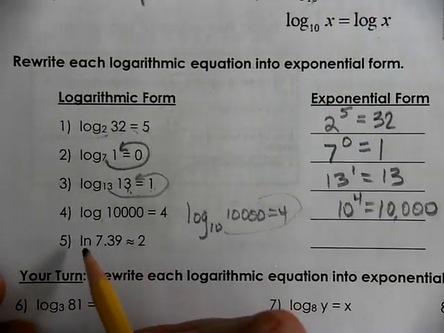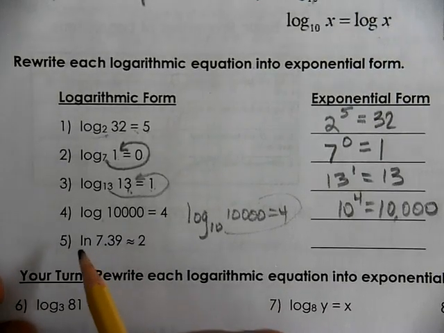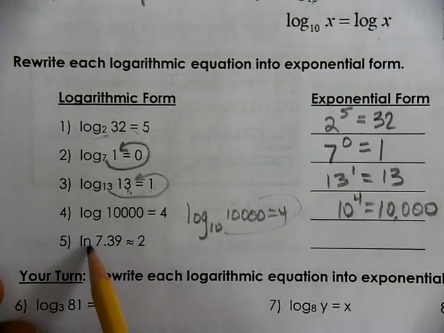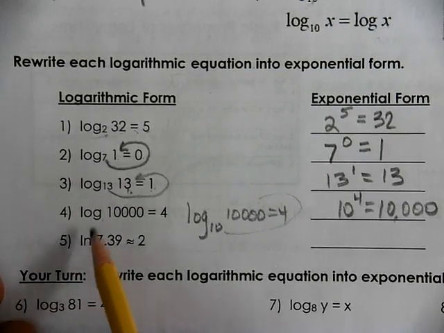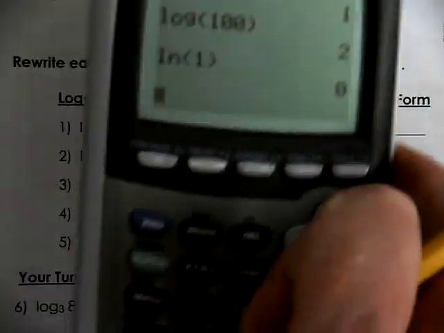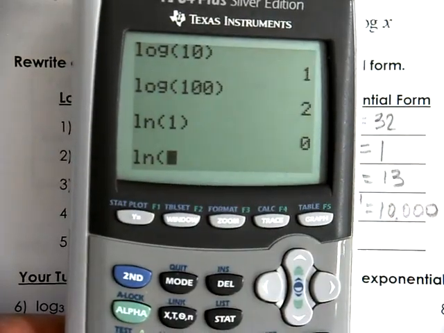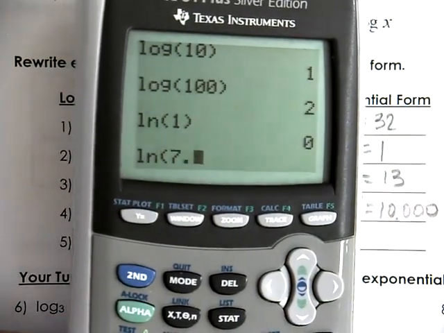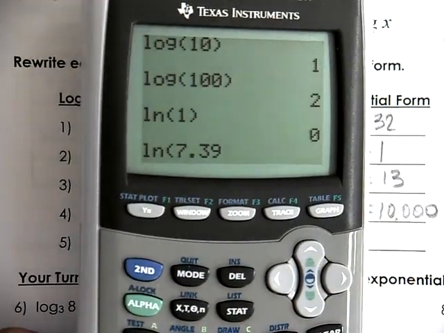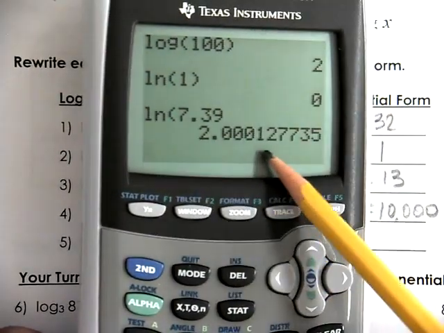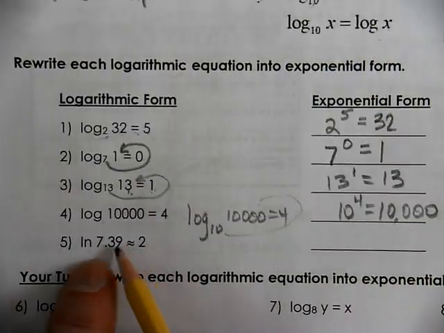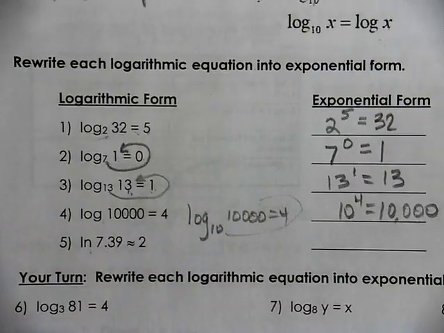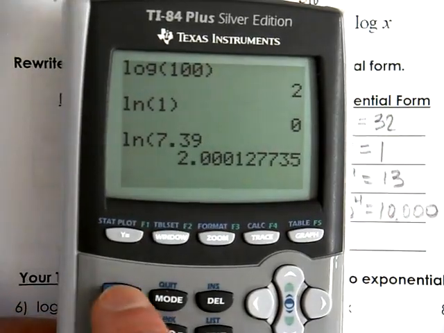Now here we have ln. It's not in, it's the natural log. This refers to e. E is the base. E to what power equals 7.39? So natural log of 7.39, that is just about 2. So to write this in exponential form, we know that the base is 2. Let's try that with the e.